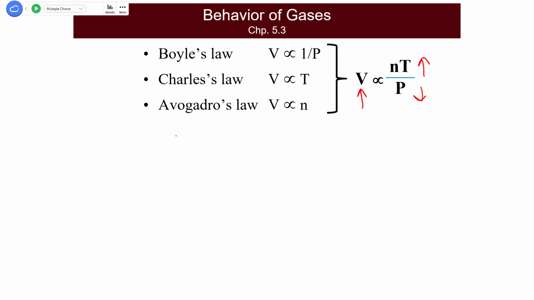We can take our volume equal to NT over P. And if the number of moles is staying the same, that means that pressure times volume divided by temperature equals the number of moles, which now turns into a constant.